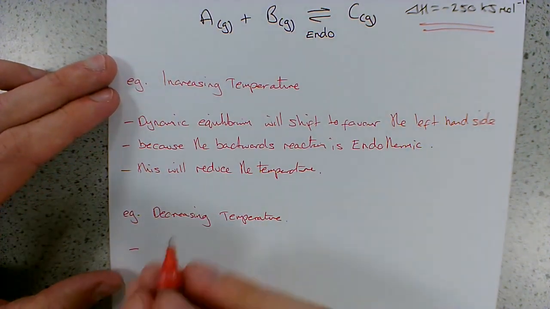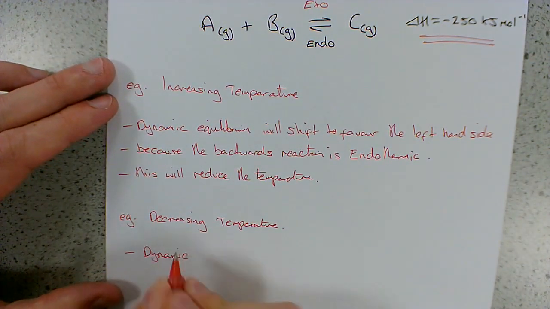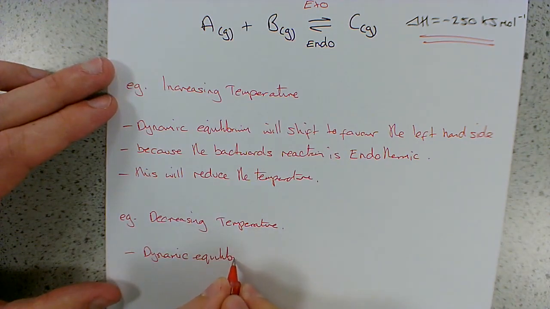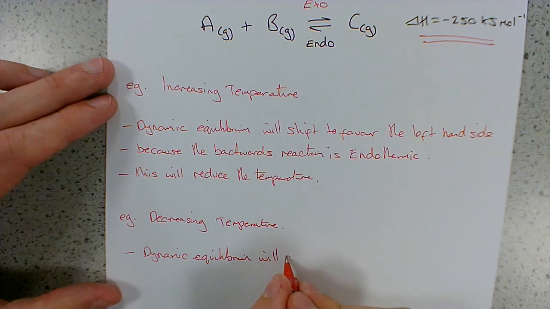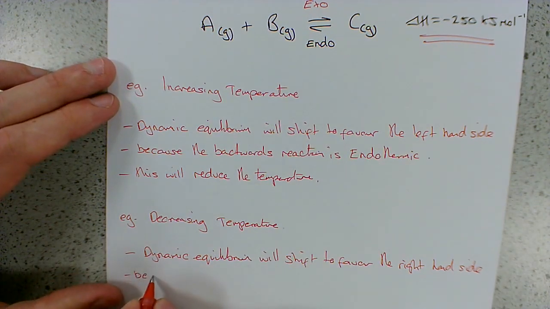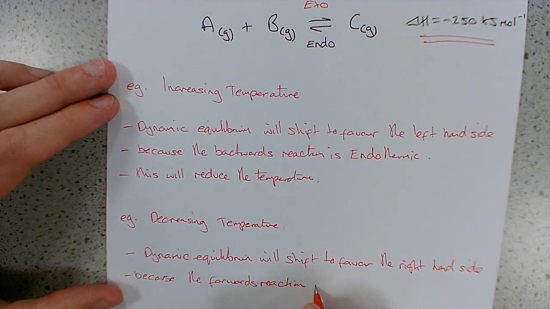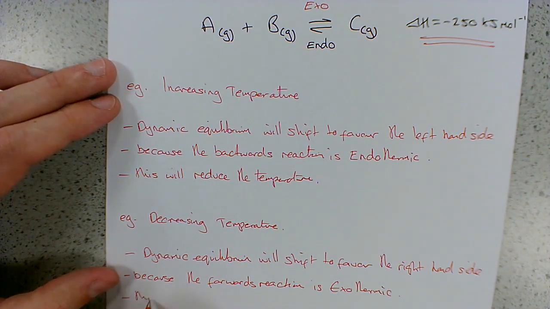So in this case, if I were to decrease the temperature of this dynamic equilibrium, it will shift to favour the right-hand side because the forward reaction is exothermic. This will increase the temperature, doing the opposite of what I changed.